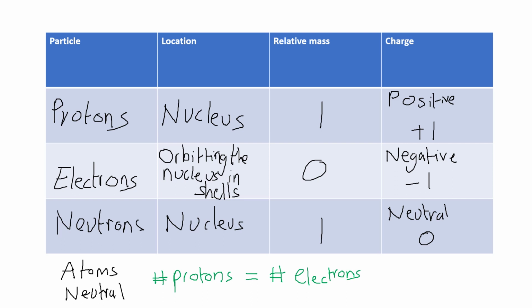So for a neutral atom, the number of protons must equal the number of electrons. If the numbers of protons and electrons are not equal, then we create ions. And I'm not going to have time to go into that in this video. I'll have to go into that in a separate video. But when you have ions, then the number of protons are different to the number of electrons. And when we change the number of neutrons, we create what we call isotopes. And we're going to look at that later in this video.